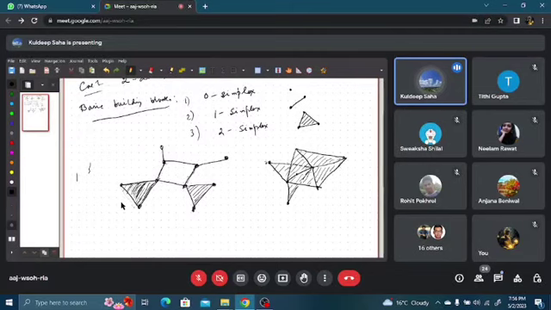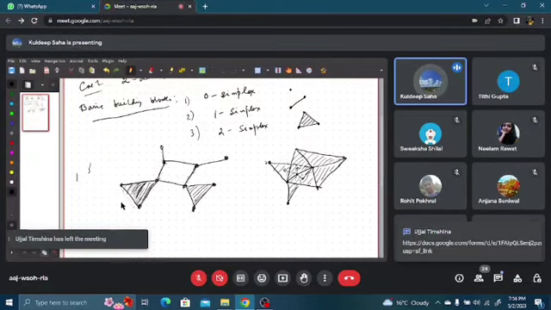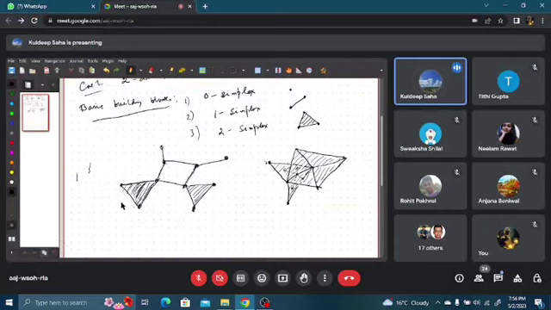If you take a point here, you can go along this plane, or you can go along this plane, or you have a choice to go along this plane. So these are definitely not manifolds, because in a two-dimensional manifold, the neighborhood of any point looks like R2, the plane. But here, if you take any point on this line, it is not like that. It does not look like R2.